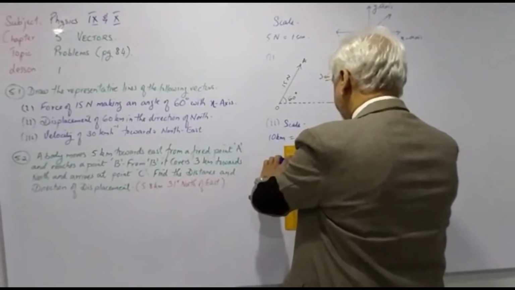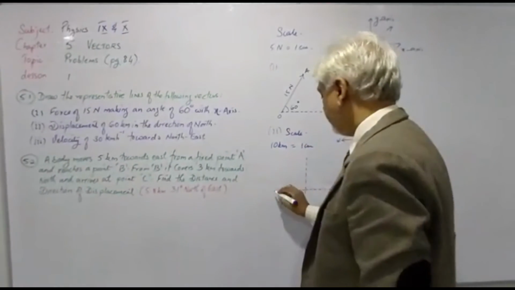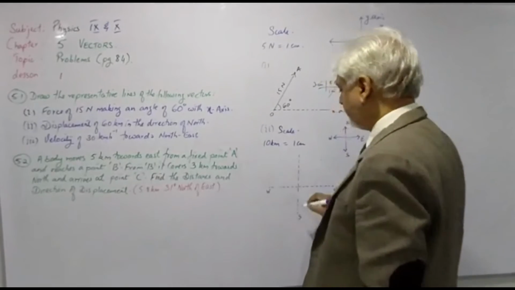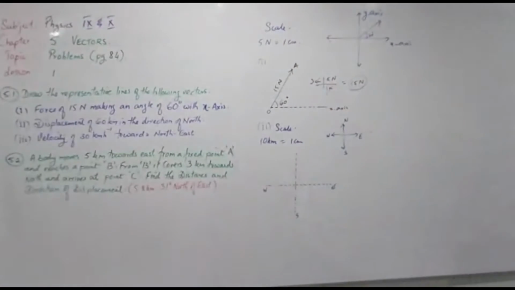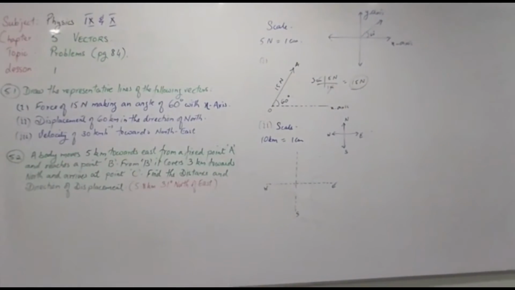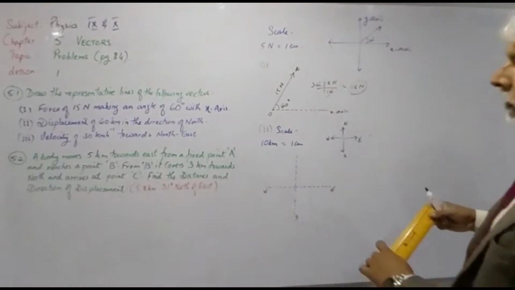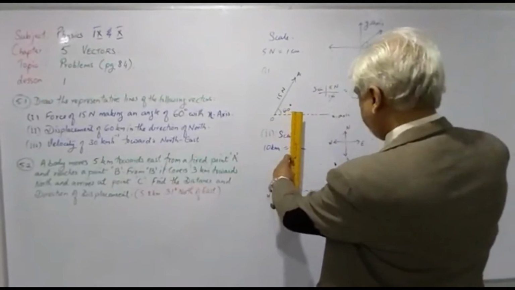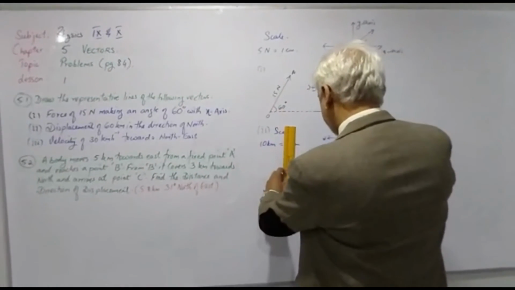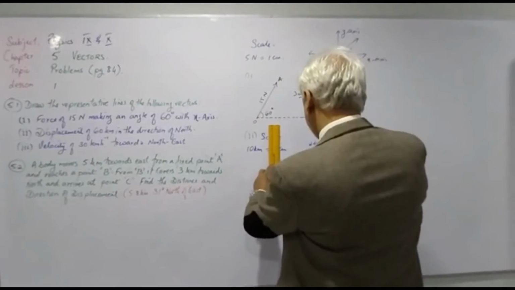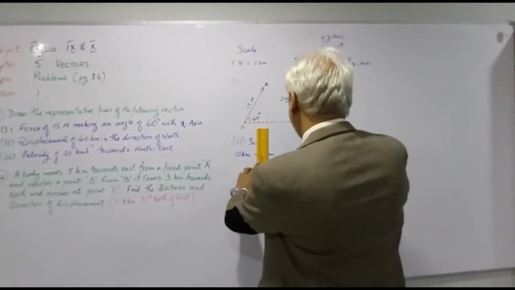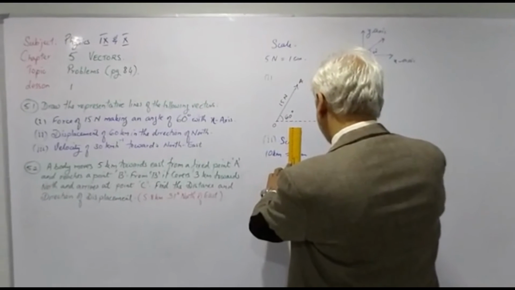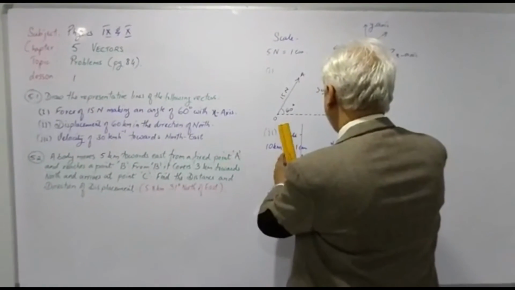Okay, this you know is west, this is east, this is south, north is over here, and I'll be drawing a length of 6 centimeters. So if this is 3, 6 centimeters would be, say, 1, 2, 3, 4, or approximately somewhere around this much. Okay, there we are.